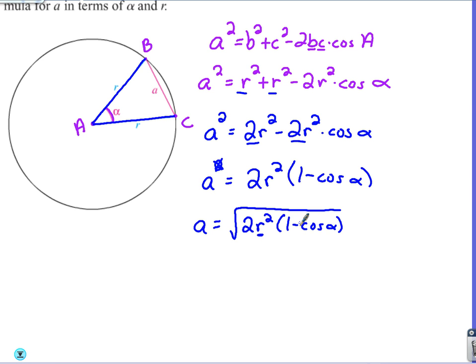Since there are 3 things being multiplied together in those parentheses, if you can take the square root of any of them, you can pull that out front. Or if this was like the square root of 8R squared, if there's a perfect root included in any of these, you can pull that root out. So I'm going to take this R squared and pull it out front. So A is equal to R, since the square root of R squared is R when you move it outside of the square root symbol, times the square root of 2 times 1 minus cosine alpha.